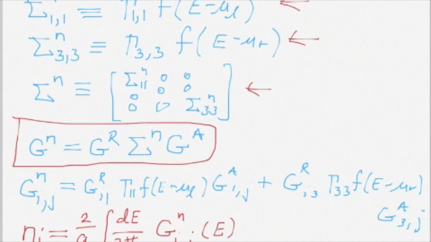Before that, on the corner, we just had gamma 1, 1 and gamma 3, 3. And now we multiply each one by their respective Fermi factors. We call it sigma n, and find this new green function, G superscript n.